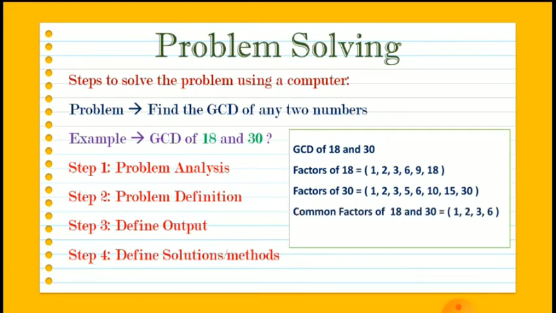So the common factors are 1, 2, 3 and 6. After getting the common factors, find out the greatest factor from the common factors. So 6 is the greatest and 6 is the GCD of 18 and 30.